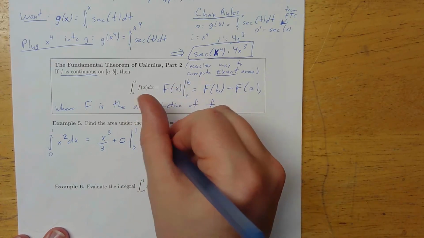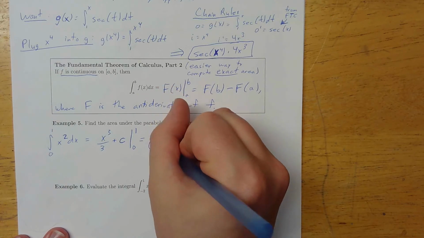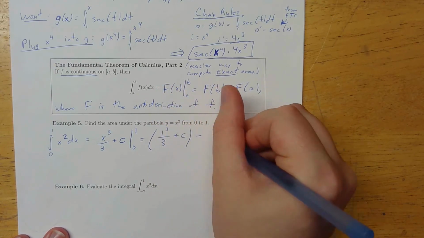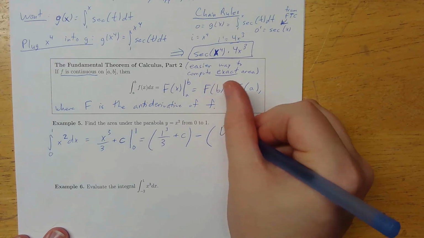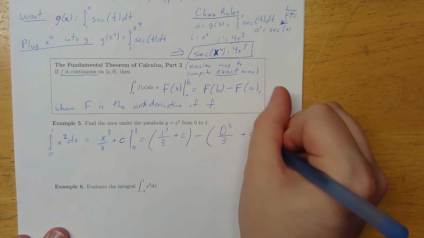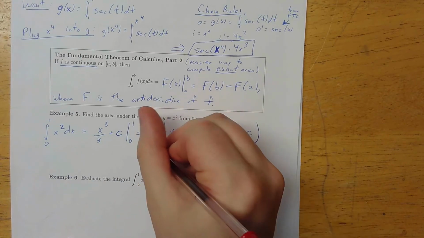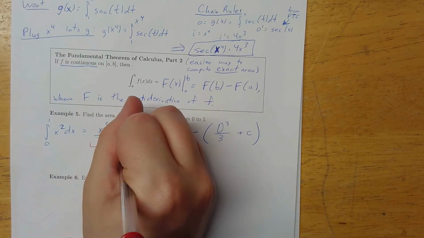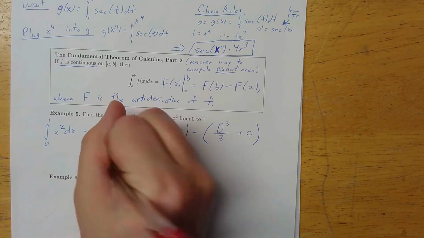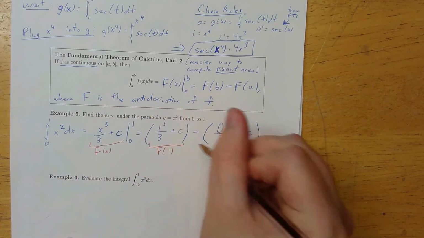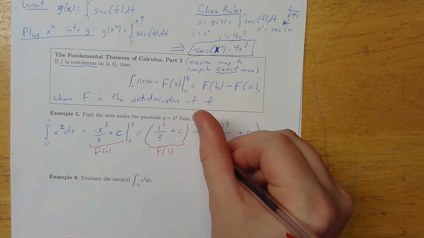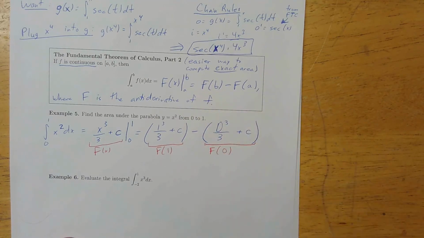And that means we'll take 1 cubed over 3 plus c, minus 0 cubed over 3 plus c. So notice that this here is the big F of x, this is F of 1, and this is F of 0.